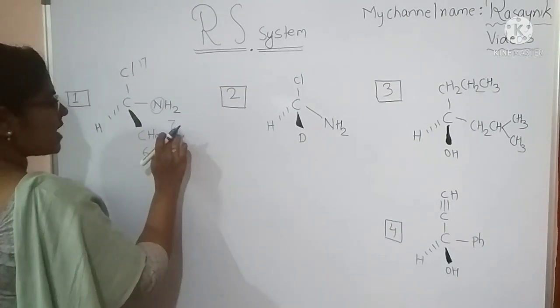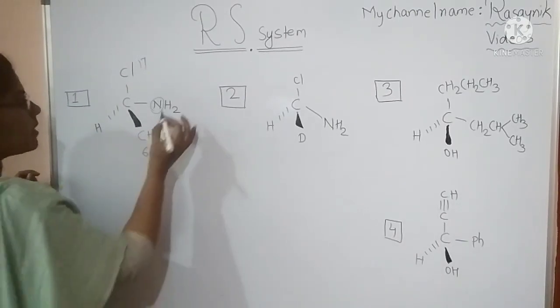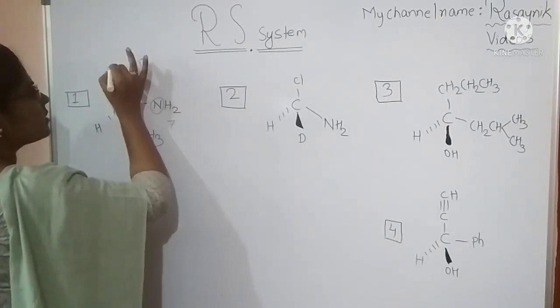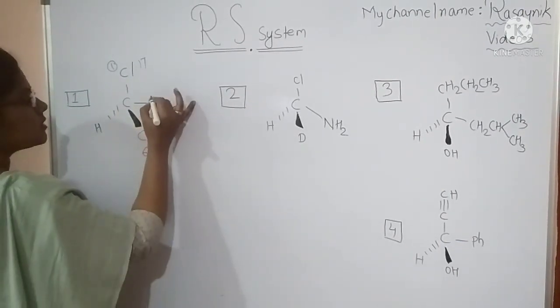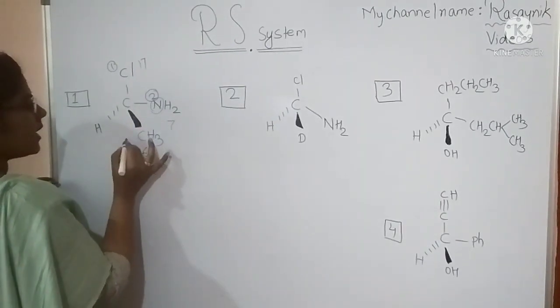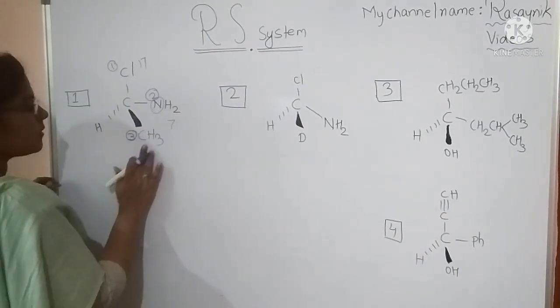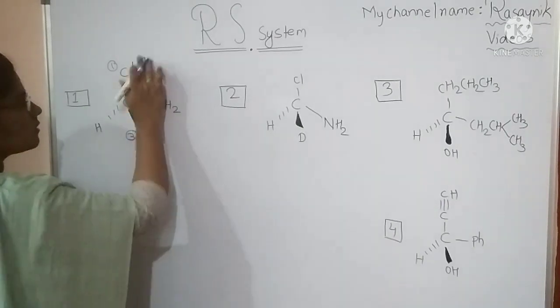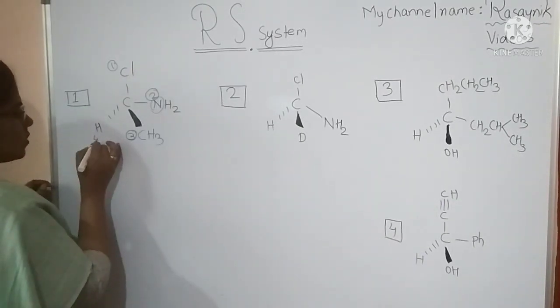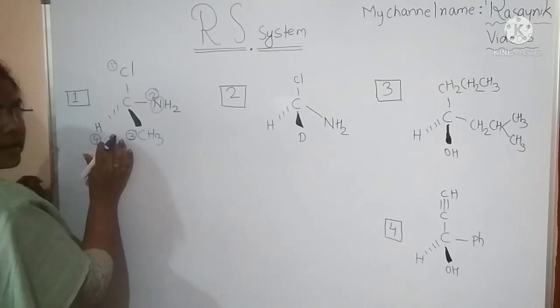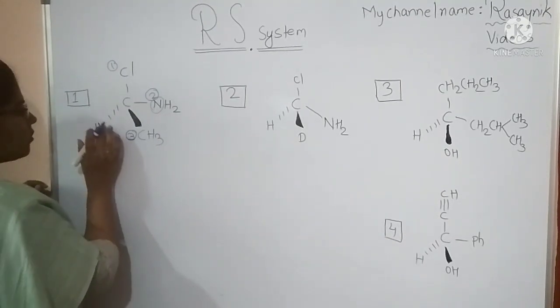So how do we rotate from highest to lowest? Give the numbering from here: chlorine is 1, this is 2, and this is 3. And this is the fourth priority, the least atomic number.